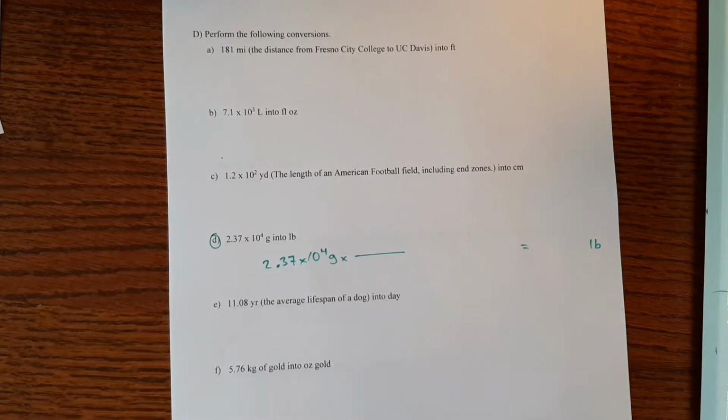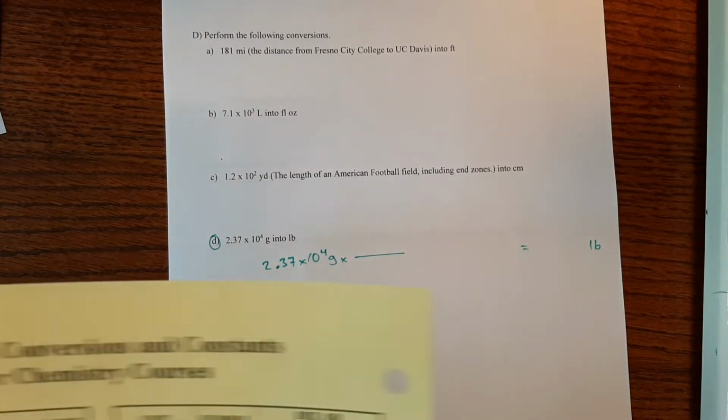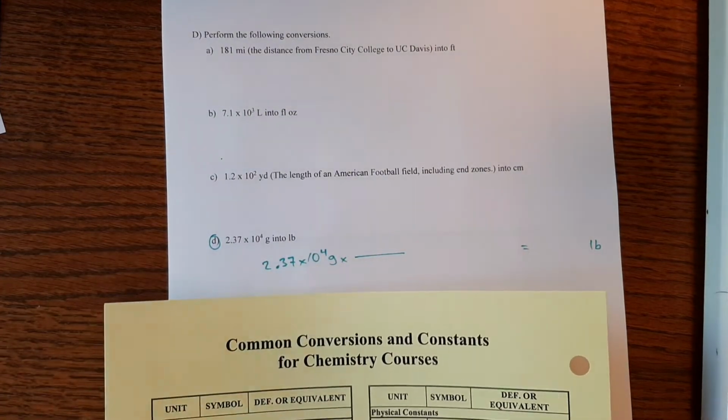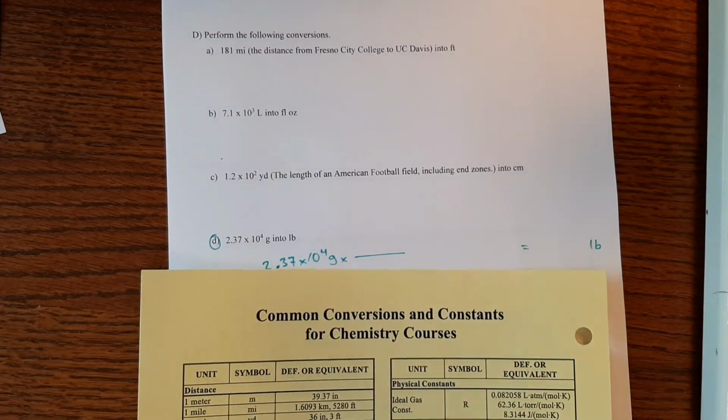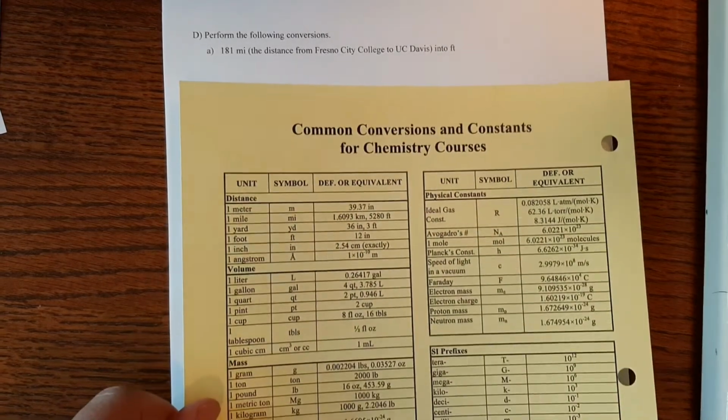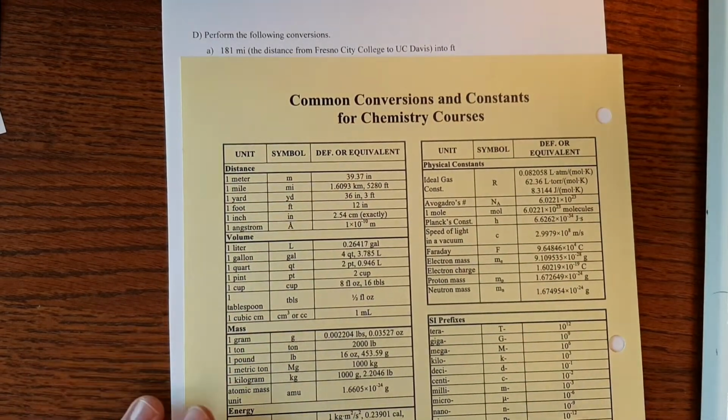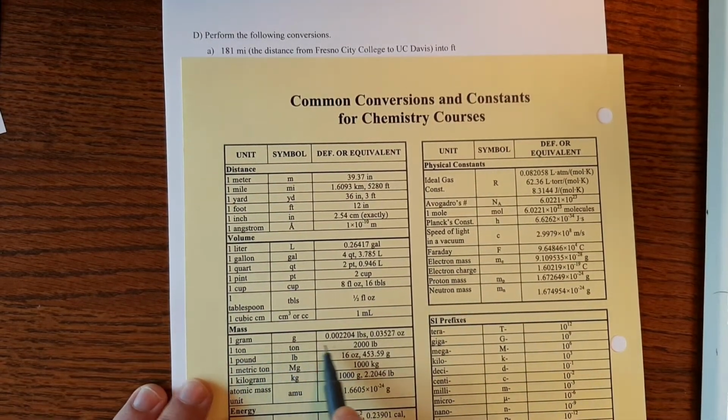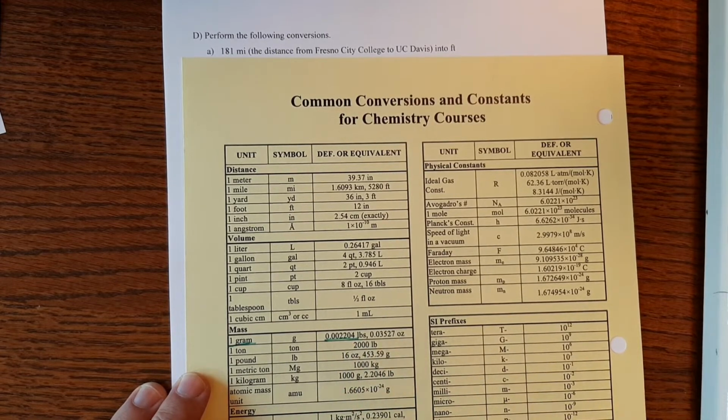So can you convert directly from grams to pounds? You can, but we need to make sure we have the conversions to do that with. So we're looking for conversions to get us from grams to pounds, and you come over here and look at your conversion sheet, and here we do have a direct conversion. 1 gram is equal to 0.02204 pounds.